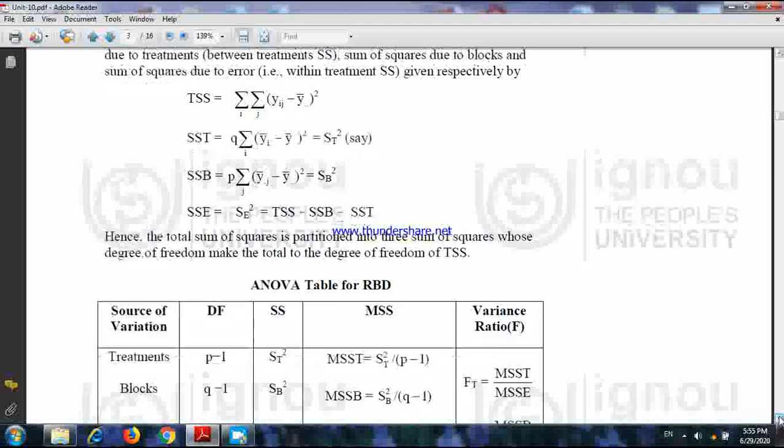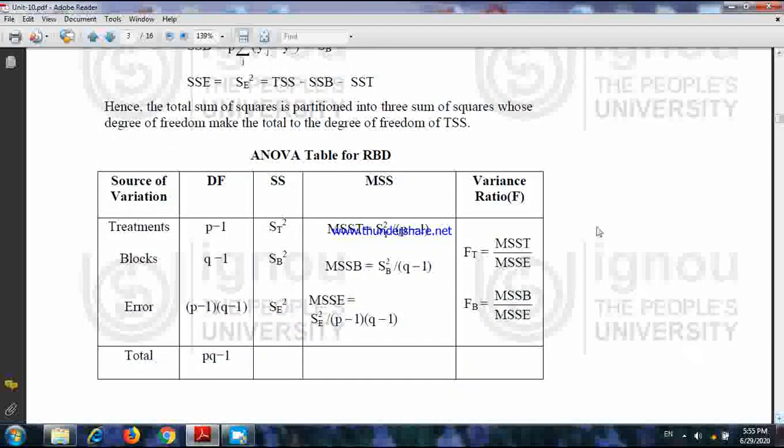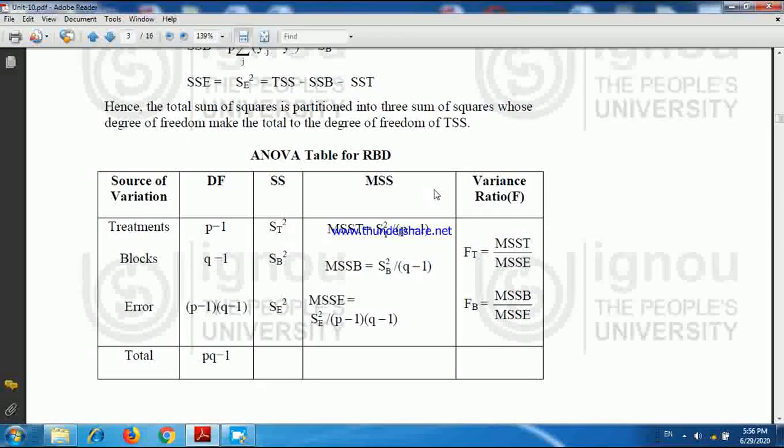And this is the ANOVA table. All these findings we represent in a table, the ANOVA table. We have P treatments, and that's why the degree of freedom is P minus 1. This is sum of squares due to treatment, and this is mean sum of squares. Simply we divide the sum of squares by its degrees of freedom.